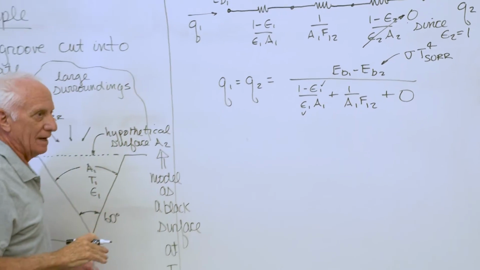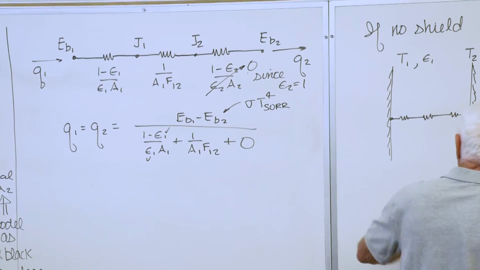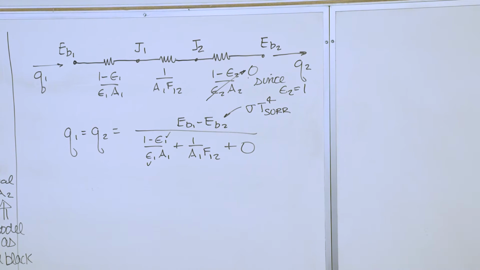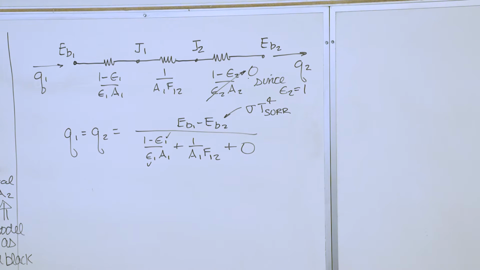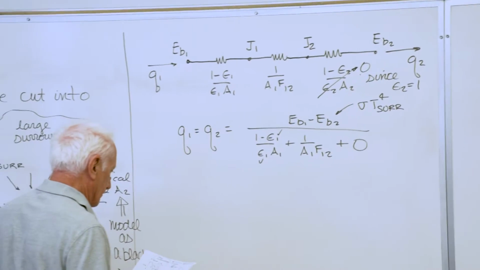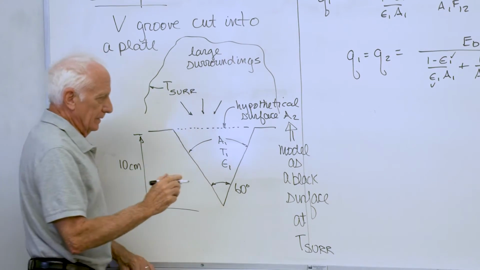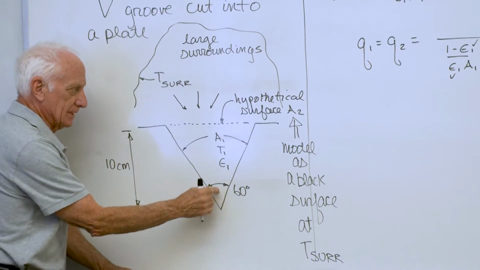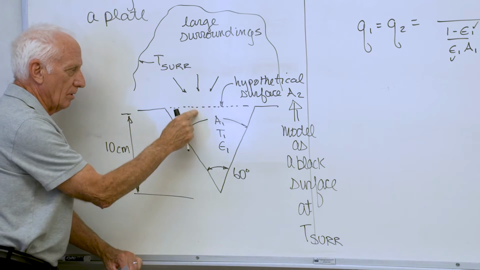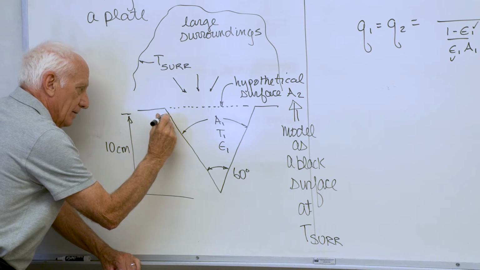Okay, now, obviously, we have to find the view factor F12. Let's get the areas first. Equilateral triangle, 60, 60, 60, 180. All sides are equal. What is one side?